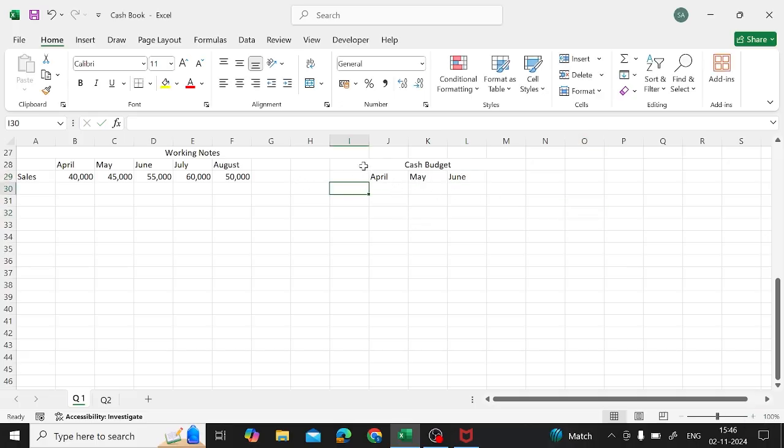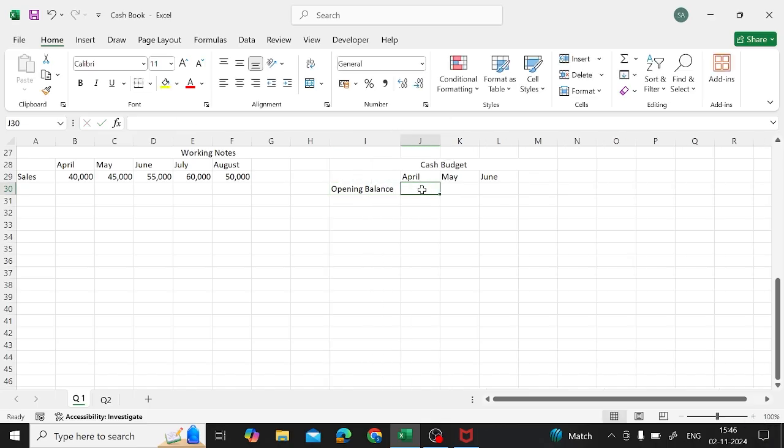Now first we will start with the opening balance. The opening balance for the month of April is given as 7,500. I'm making it bold.